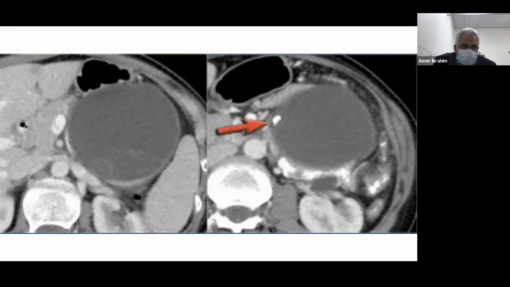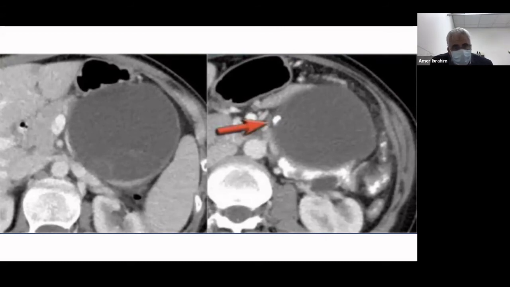But recently, when the number of resected cases is larger and gives a better understanding of the malignant potential, they estimate it's about 10%. So if you resect 10 MCNs, you expect one of them will have invasive cancer or high-grade dysplasia, which is carcinoma in situ. So basically, this lesion, the MCN, is a tumor.